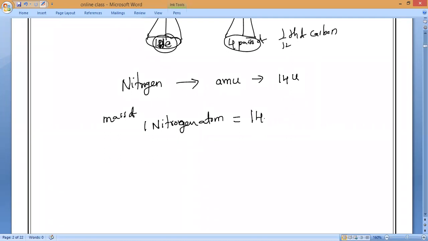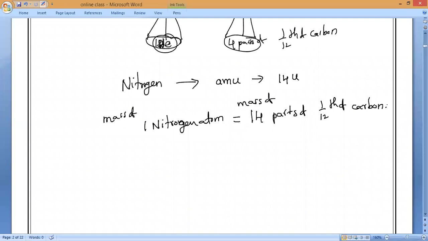We have to add 14 parts, the mass of 14 parts of 1/12th of carbon. Do you understand?